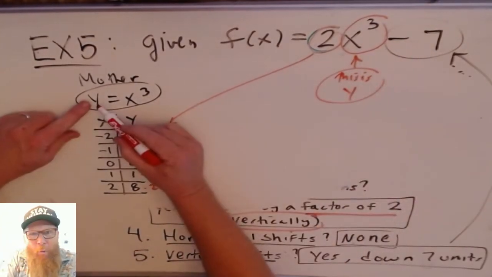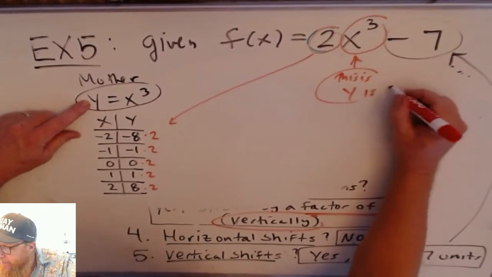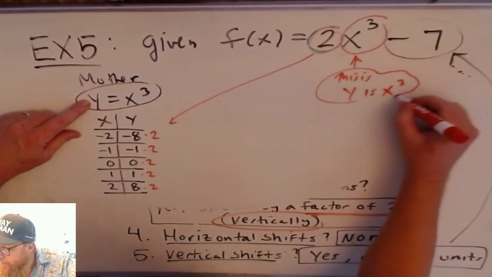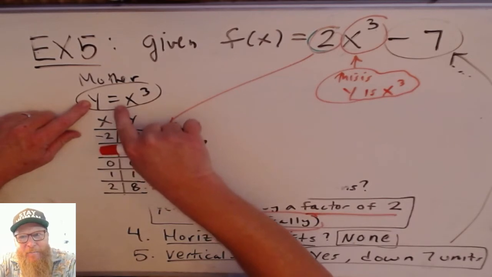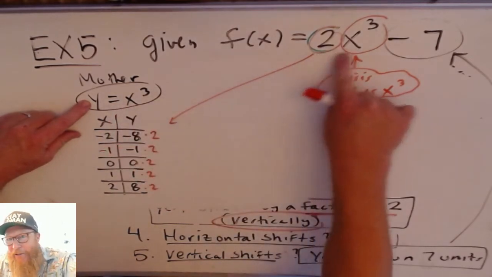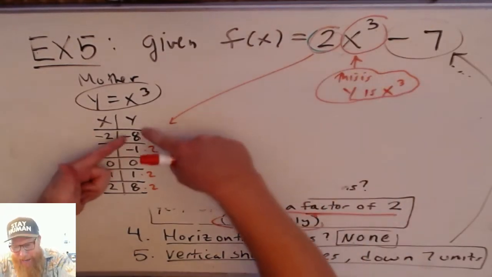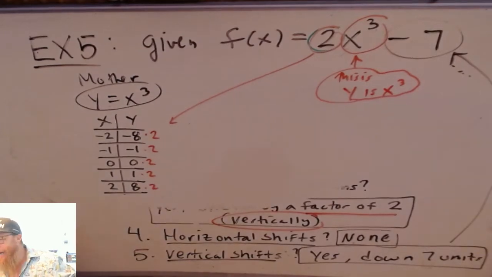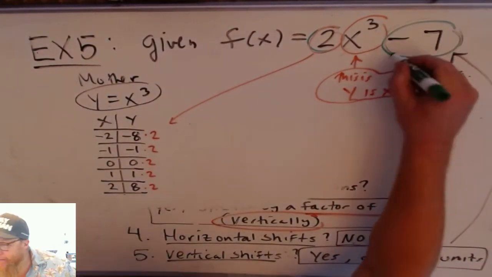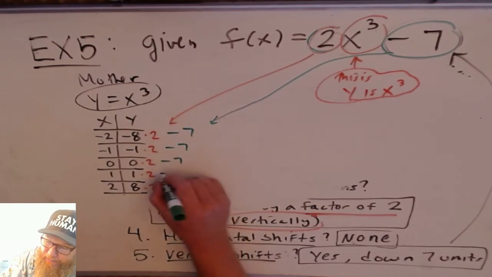Look, y is x cubed. That's what an equal sign means. So even though it looks like you're multiplying x by 2, you're actually multiplying all the y's by 2. And then you're going to subtract 7 also from all of the y's.